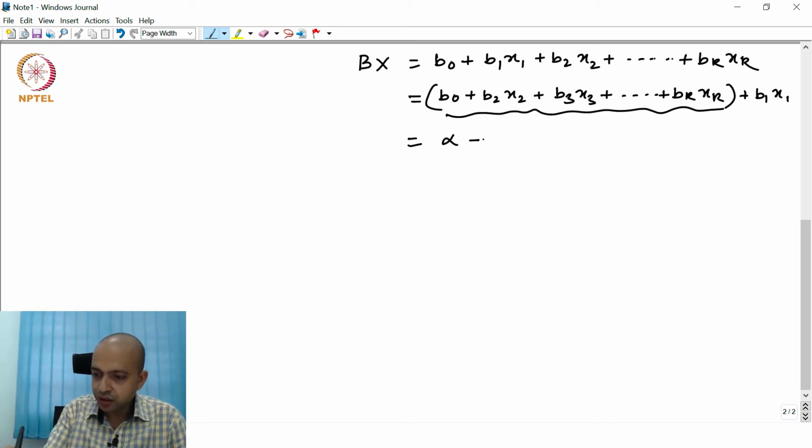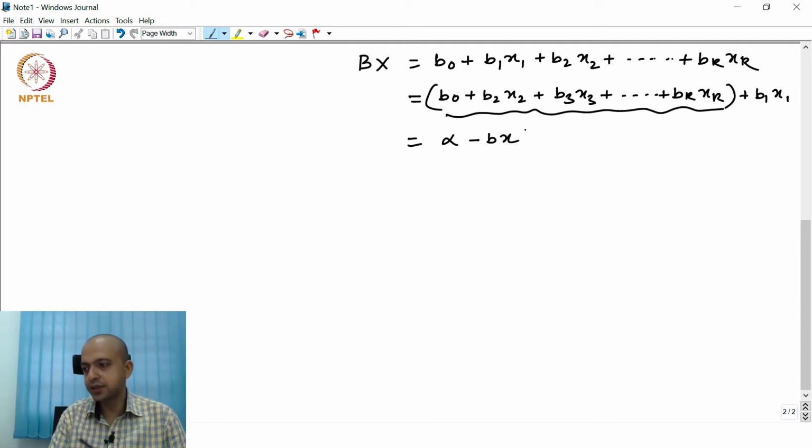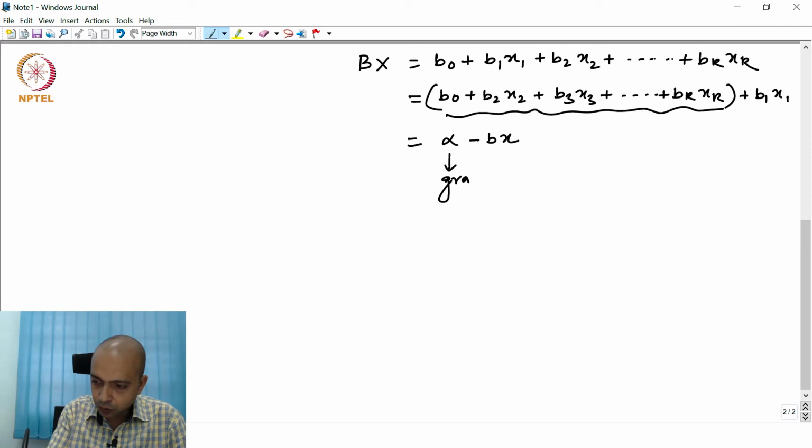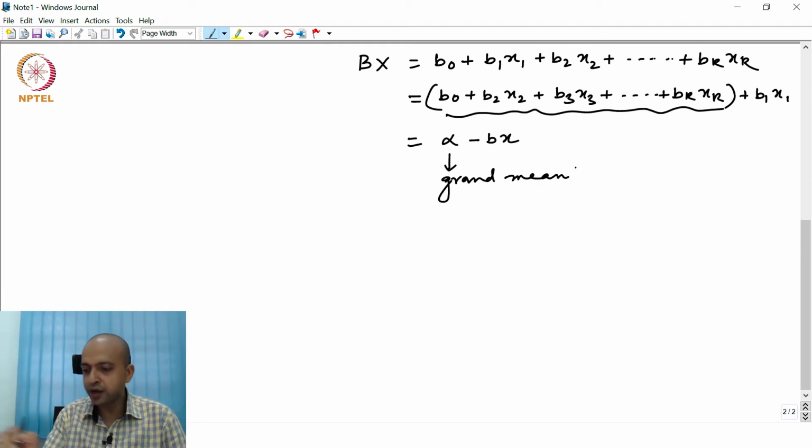So this alpha is known as the grand mean, and this beta is actually the coefficient of price.